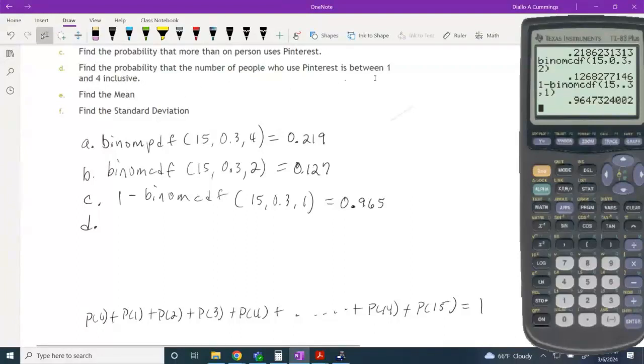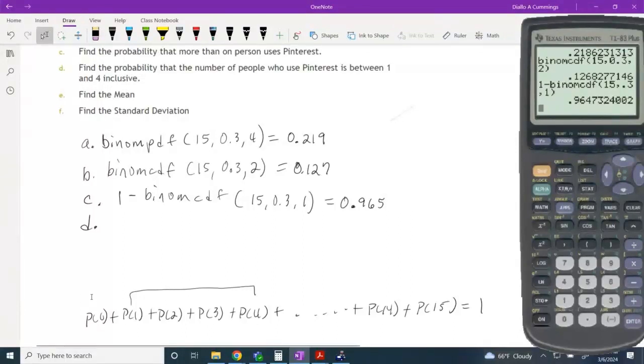So inclusive means you have to include 1 and include 4. All right. So now this is how we're going to put this into the calculator. You could use the binomial PDF, find 1, 2, 3, and 4 and add them all up together. That might take a minute, but you can do that.